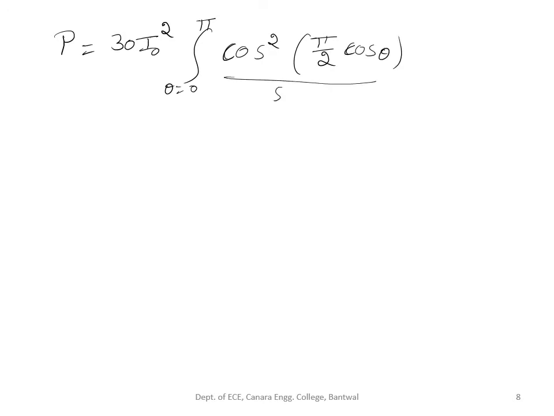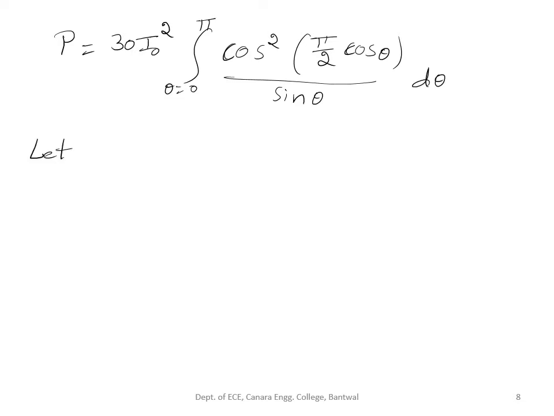Therefore, radiated power is equal to 30 I naught square integral from 0 to pi of cos square of pi by 2 cos theta divided by sin theta d theta.